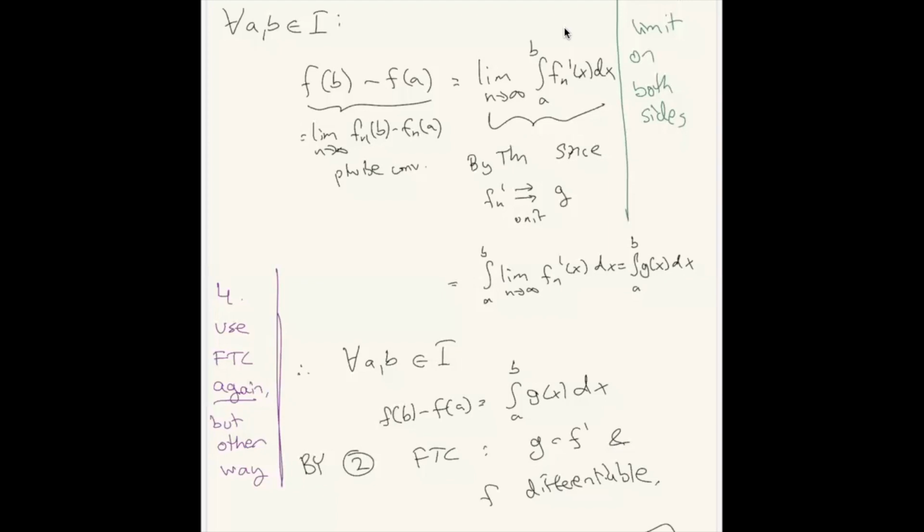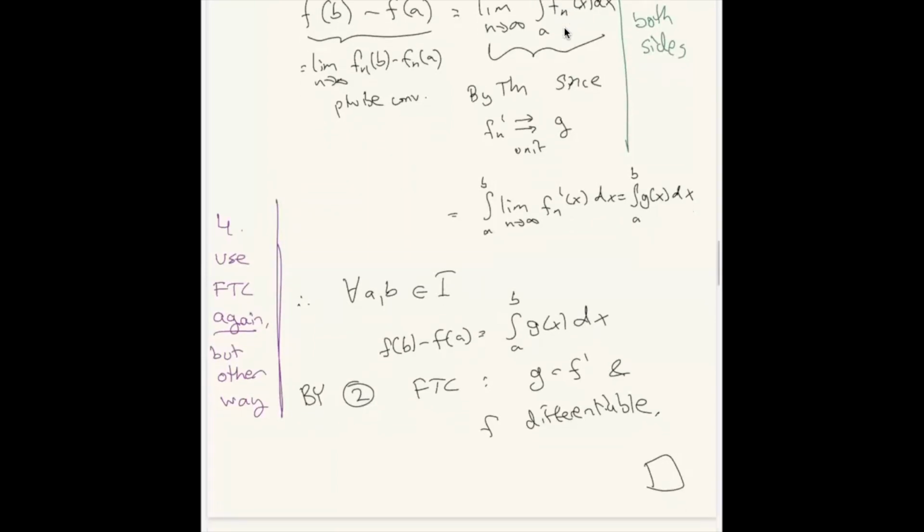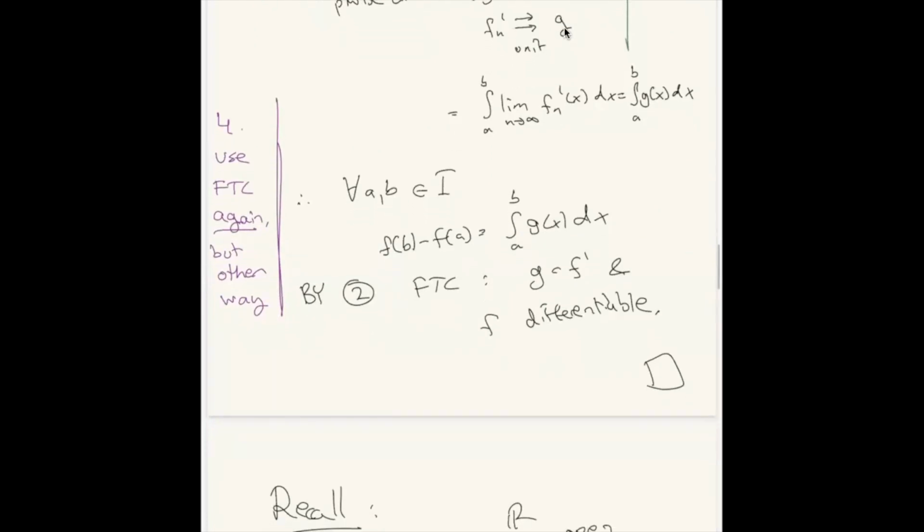They are more difficult to analyze, but integrals behave very nicely, because it's easy to estimate the integral of f minus g if you have two functions, by just how far f and g are from each other. So integrals are easier to estimate than the difference in the derivatives, because if you know that fn is close to f, why would the derivatives be close? It's not as easy to analyze, but the integrals are close, and that's why this proof goes via integrals.